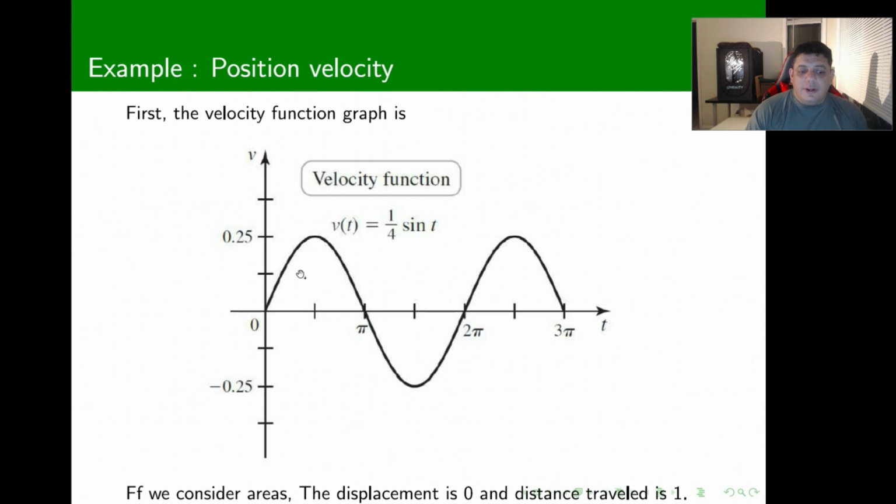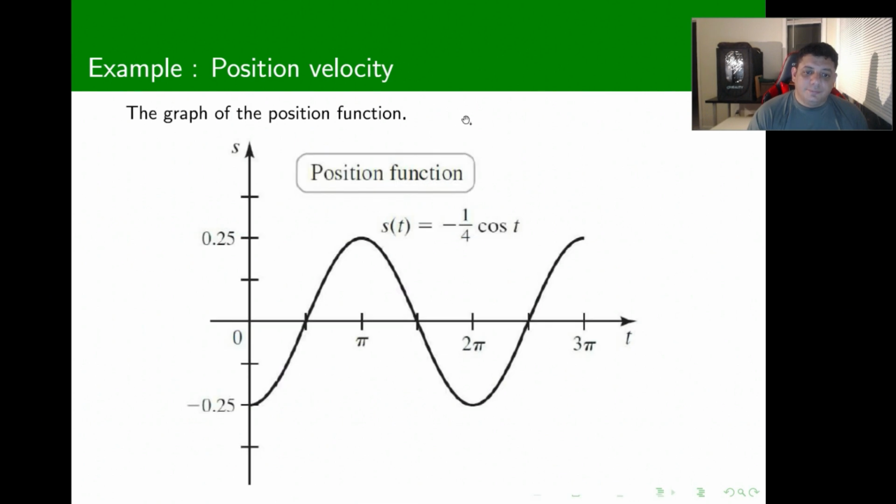If you consider the areas, the displacement up to 2 pi is going to be 0, and the distance traveled will be 1, using of course what the displacement is, and completing a full circle is going to give me 1.